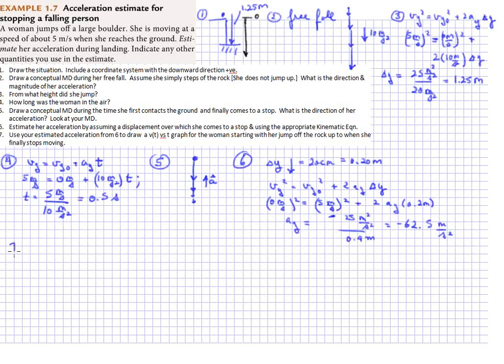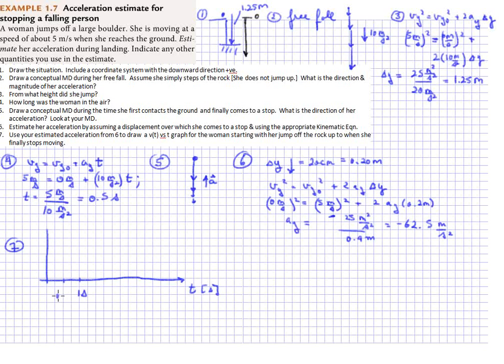Number 7. Use your estimated acceleration to draw a v versus t graph for the woman, starting from her jump off the rock up to where she finally stops moving. Okay, that's not too hard. Basically, let me draw it like this. So this is time in seconds, that's 1 second right there.